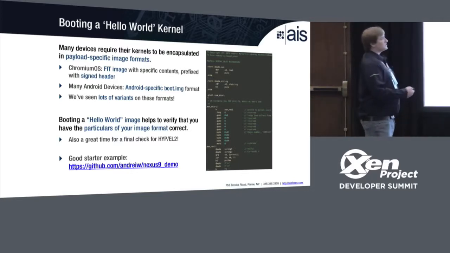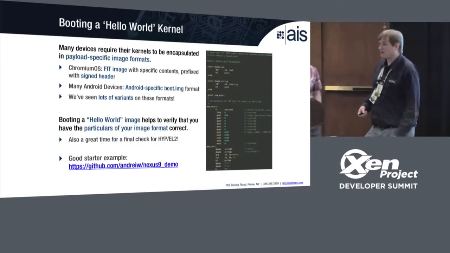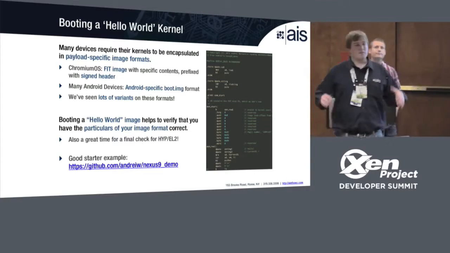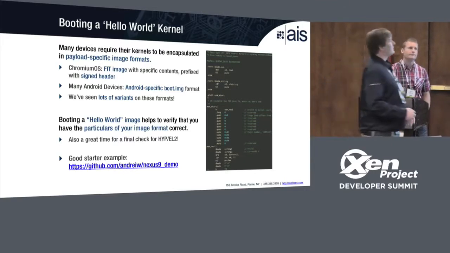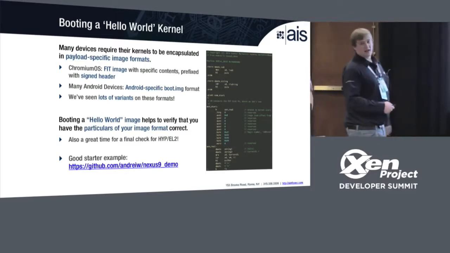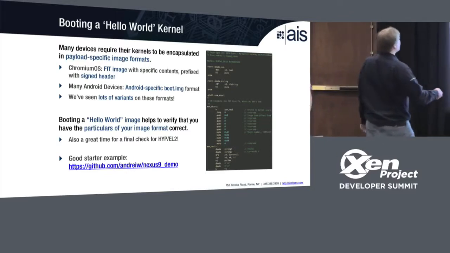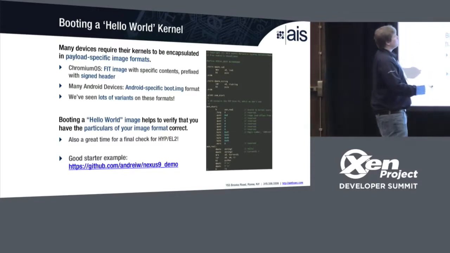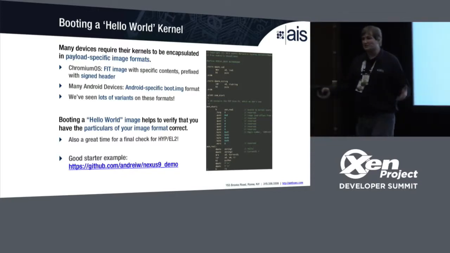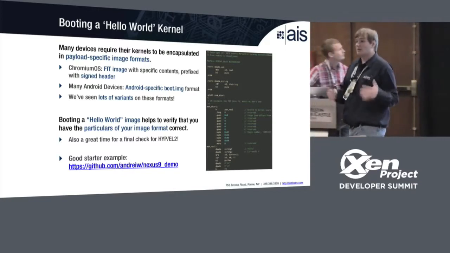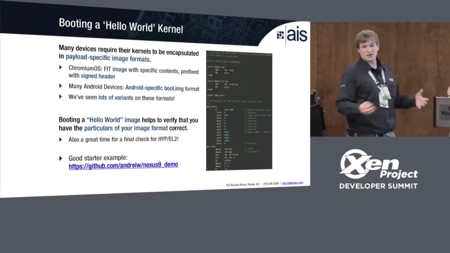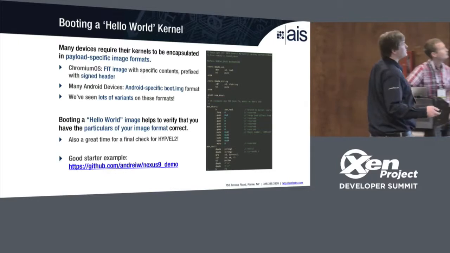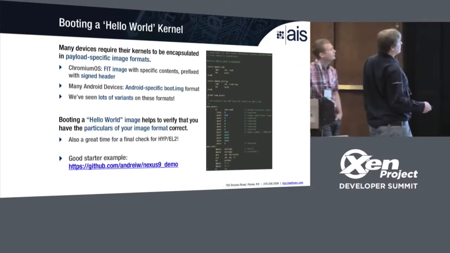Now, FIT image sounds great, because those of you who run Xen on ARM know that usually most FIT implementations will let you get all the images you want into the device. The Chromium OS FIT image, of course, does not. We'll get into that. Many Android devices have their own special boot.img format, which isn't that complex, but there actually still is a special format that you have to put your kernel into, and that restricts what you can do with the kernel you start off with.